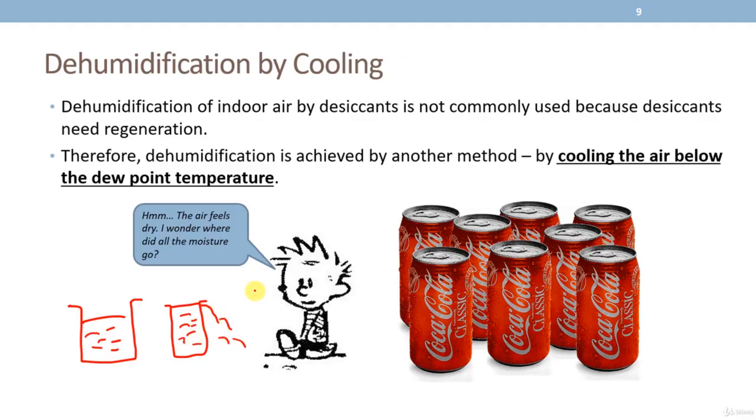So condensation will happen whenever you decrease the dry bulb temperature low enough. The lower your dry bulb temperature, the lesser the capacity, the ability to hold moisture. This method is commonly employed in the building context inside the air handling unit, where we cool down the air below the dew point temperature.